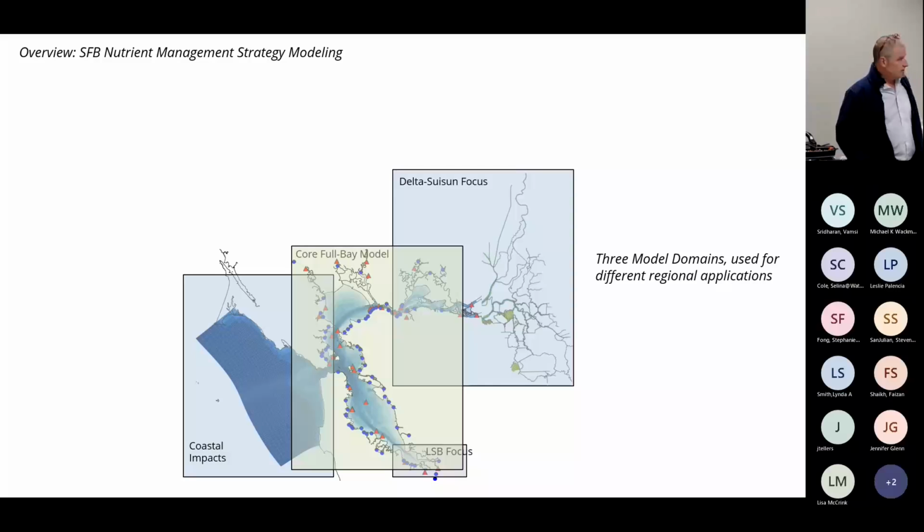And we have 3 model domains used for different regional applications: a lower South Bay focused, ultra high resolution model for getting into the sloughs and creeks and salt pond connections, a core full bay model, and then a Delta-Suisun focus where it's a slightly different grid for the open bay part, but includes the coastal ocean. We're also exploring impacts on the coastal ocean of nutrients leaving San Francisco Bay and going out to the coastal zone, collaborating with researchers at SCCWRP, UCLA, and UC Santa Cruz.